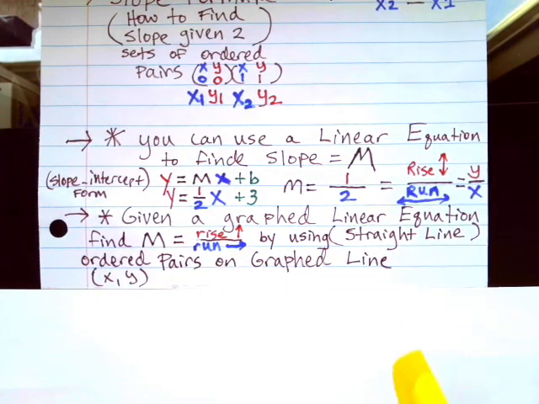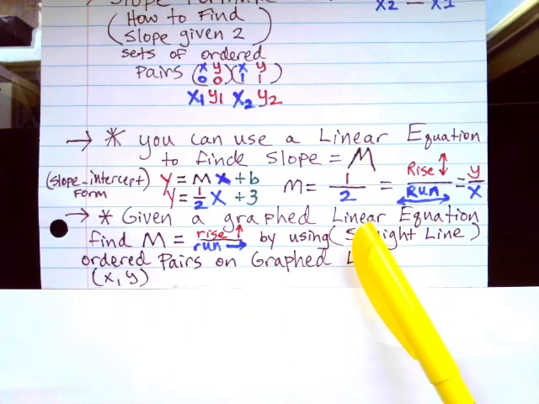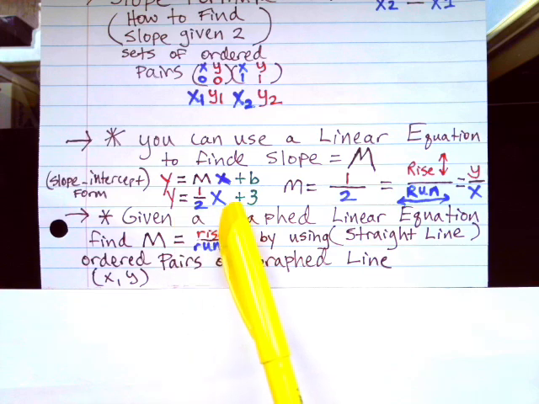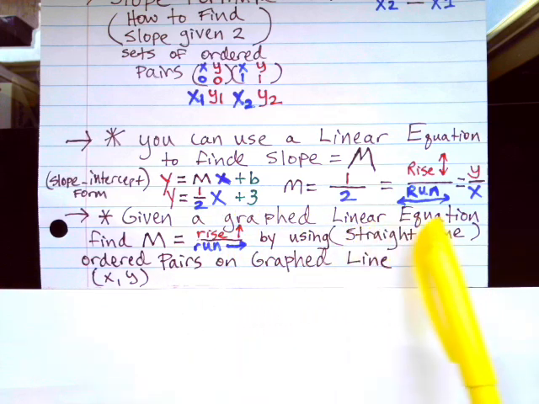Most of this stuff is review, but I have to review this stuff before I can get into the next video, video 10, where we're going to go over point slope form and how to use it. It's really important you understand these terms. So given a graphed linear equation, y equals 1/2 x plus 3, linear equation just means a straight line.